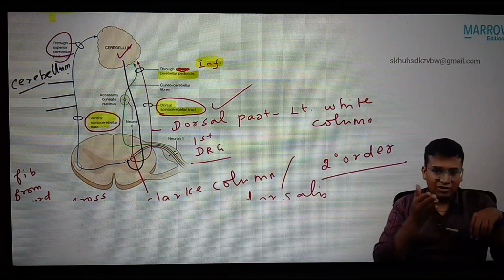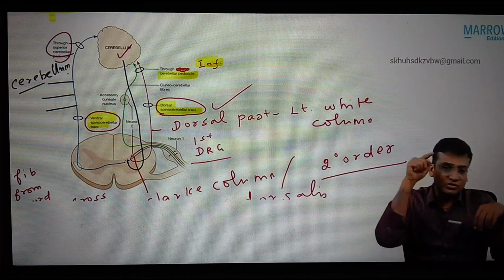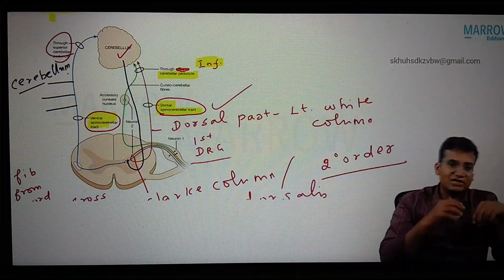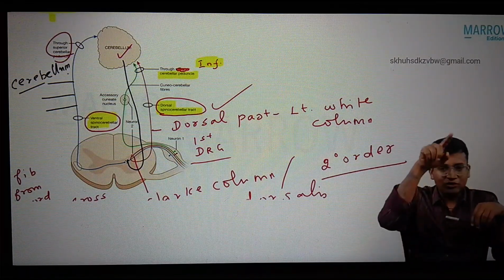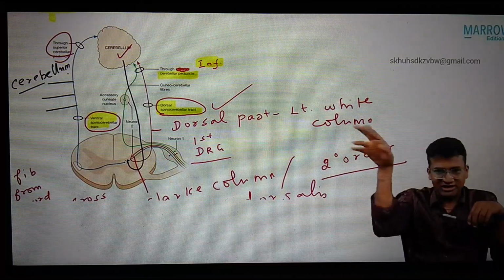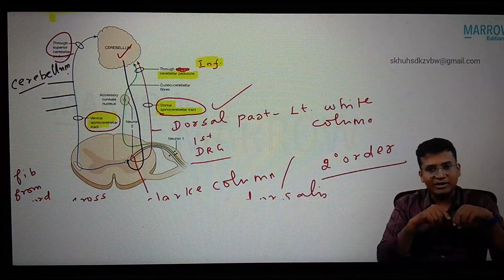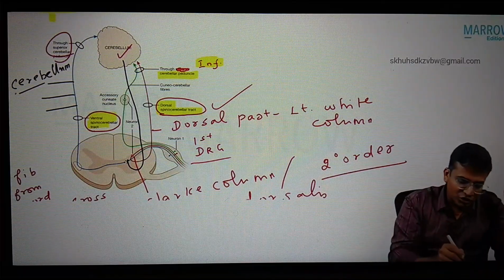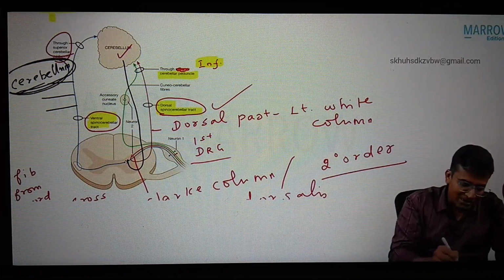After crossing in the spinal cord, the fibers ascend, and this fiber also gives fibers to the opposite side of the cerebellum. Then, before reaching the same side cerebellum, it crosses again and via the superior cerebellar peduncle enters the same side cerebellum. Why? To give fibers to the opposite cerebellum too. Right. That's all about the spinocerebellar tract.